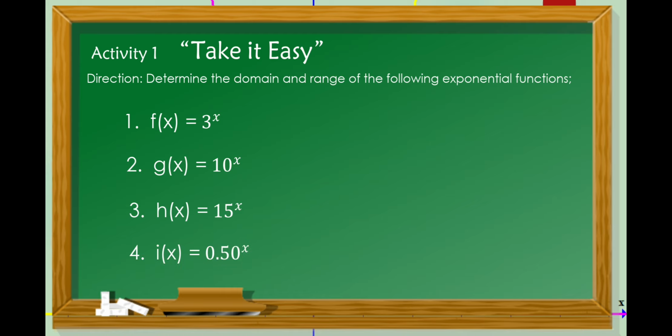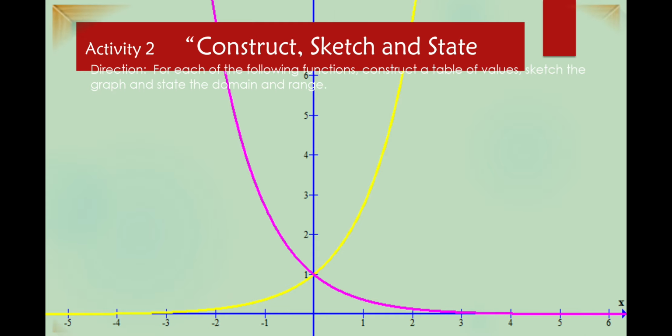Number 4 is i of x is equal to 0.50 raised to x. Number 5 is y is equal to 5 raised to negative x. Number 6 is y is equal to 1 over 10 raised to x. Number 7 is y is equal to negative 4 raised to x. And number 8 is y is equal to 6 raised to x minus 1. Just determine the domain and range.